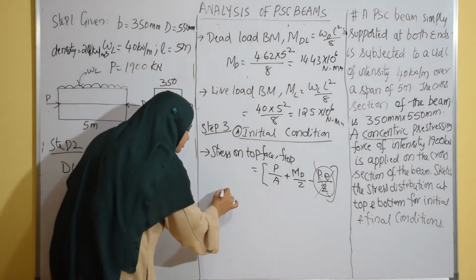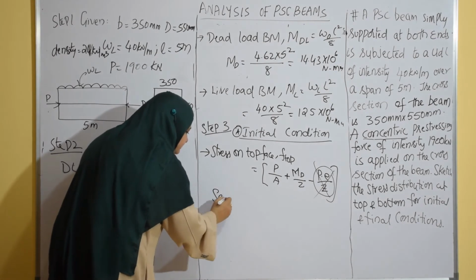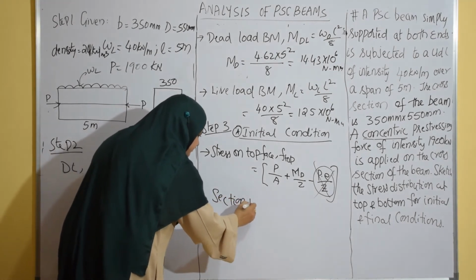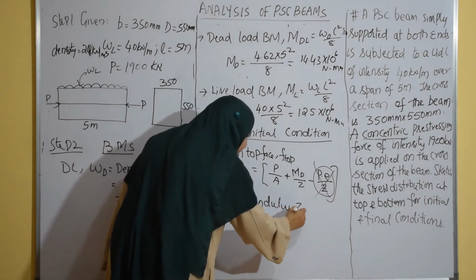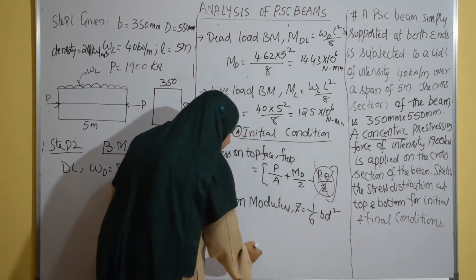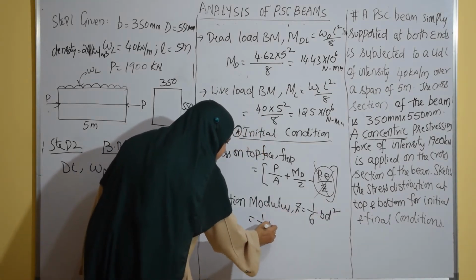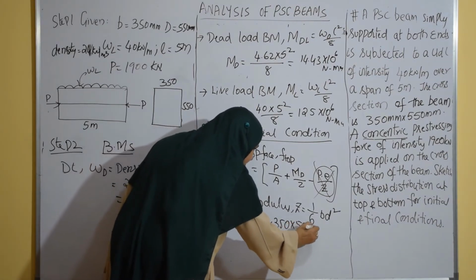So Z is equal to section modulus of the section. Z is equal to 1/6 of B into D square. Okay, so 1 by 6 into 350 into 550 square.